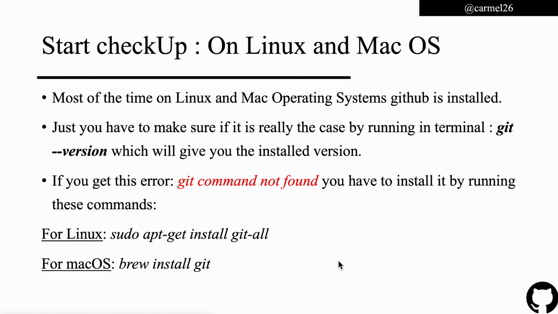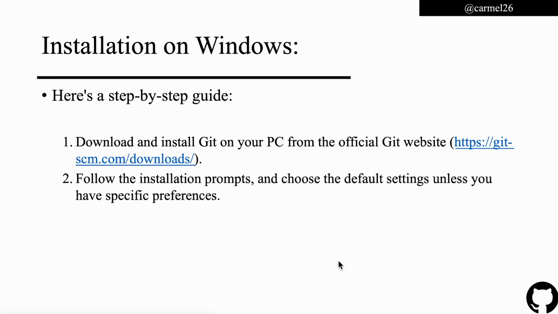Just make sure it is the case by running git --version, which will give you the version of the installed Git. If you get a git command not found error, you will just have to install it by running sudo apt-get install git-all for Linux, and for Mac OS, you will run brew install git.